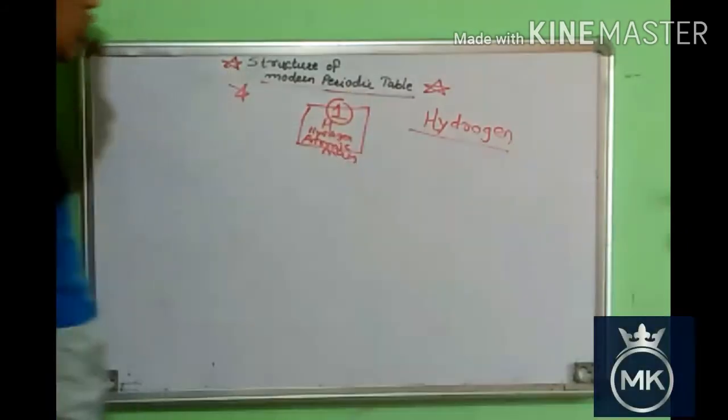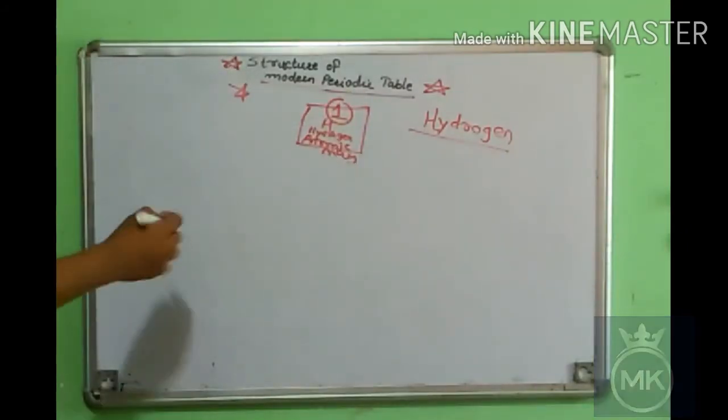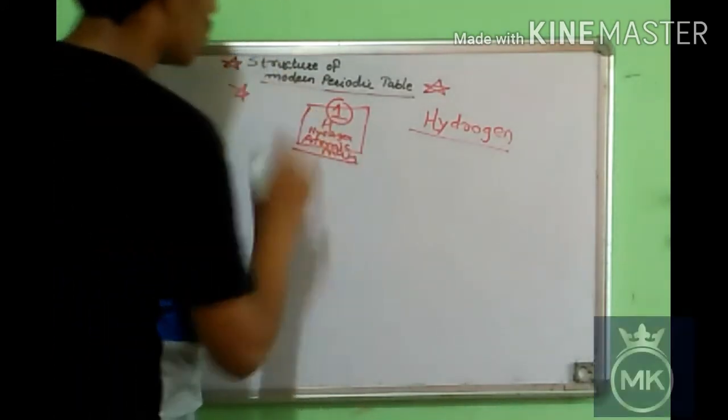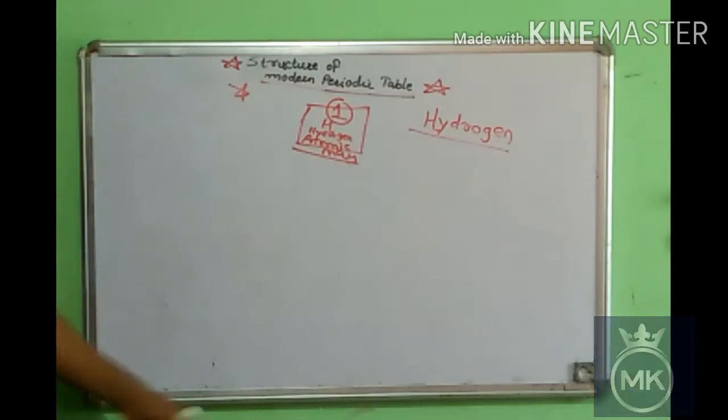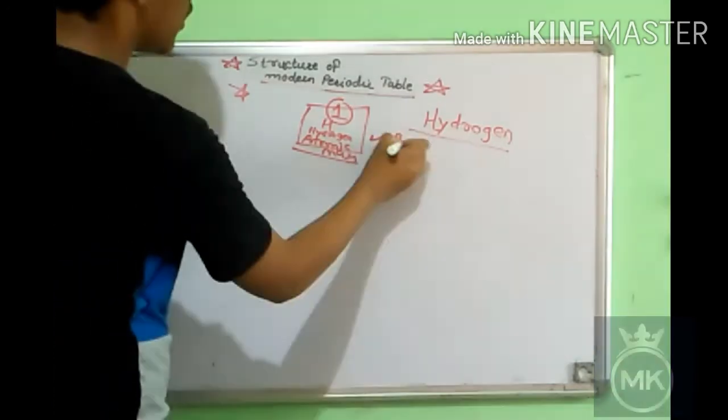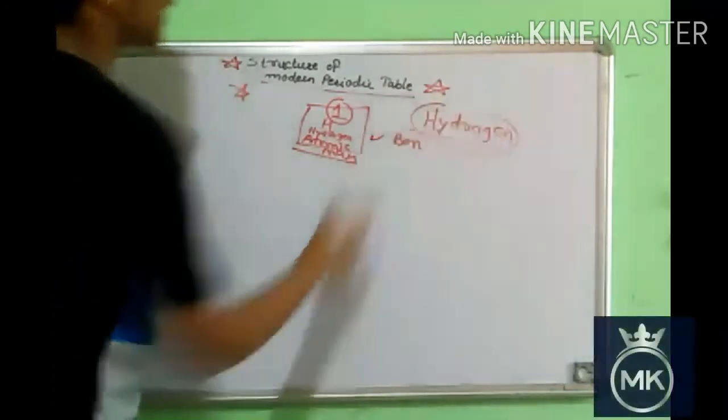One is the atomic number of hydrogen, and the atomic mass is written on the downside of the name of the element. This is the structure of the box of the hydrogen element.